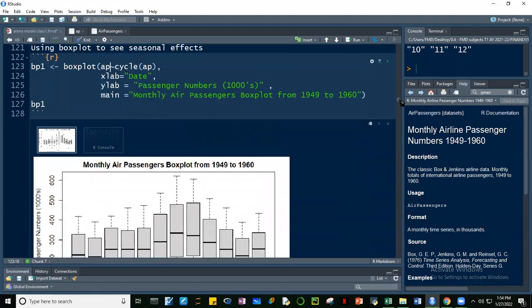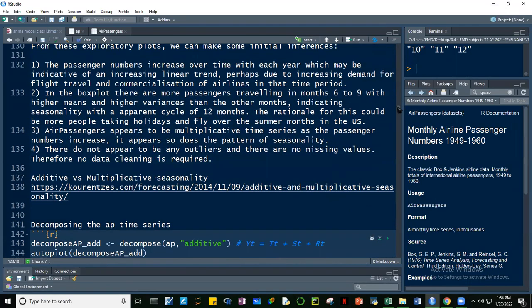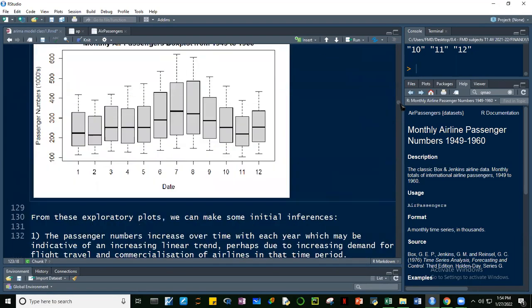There appear to be no outliers. How do we know there are no outliers? There are no values outside the whiskers.